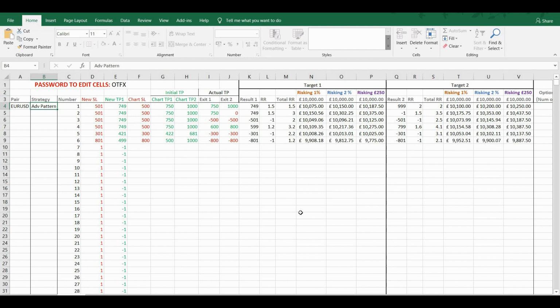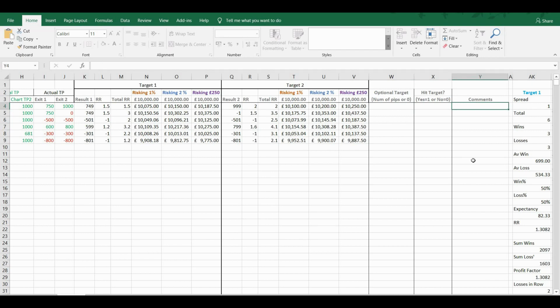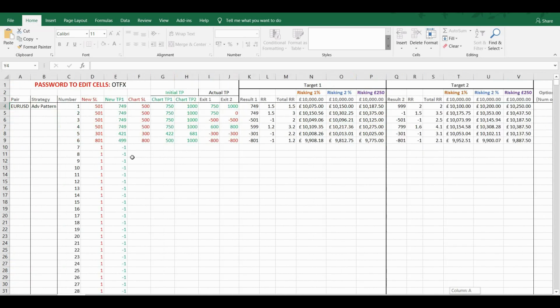That is pretty much everything. It's exactly the same principles applied to the target 1, except you don't have this target 2 section, or target 2's here, target 2's here. Again, I stress the importance of putting the date and time into these boxes here, into the comment box, because if you were to use this spreadsheet to trade say an advanced cipher pattern on the euro dollar, you then create another spreadsheet to trade the advanced cipher pattern on the USD JPY.